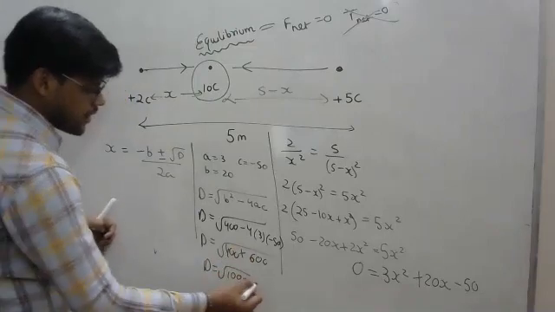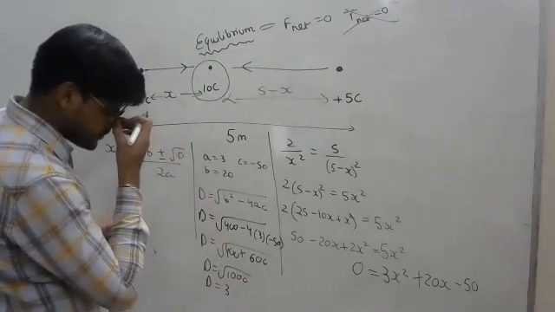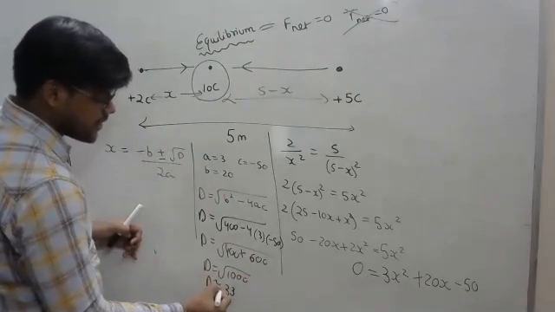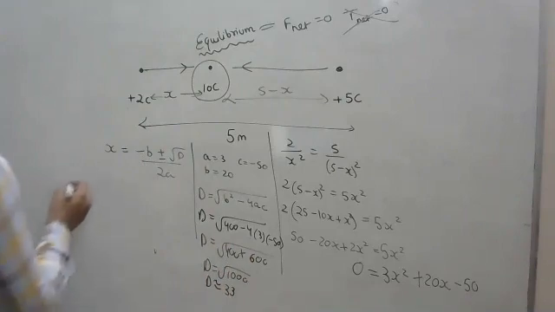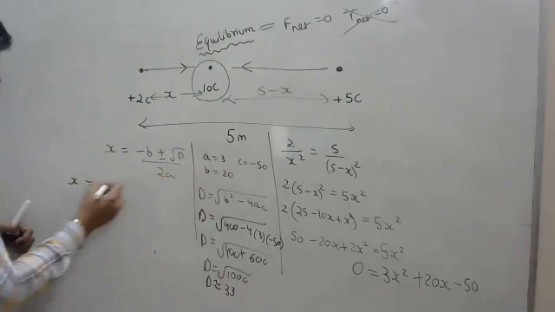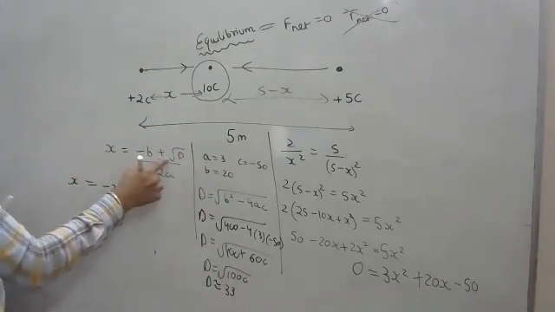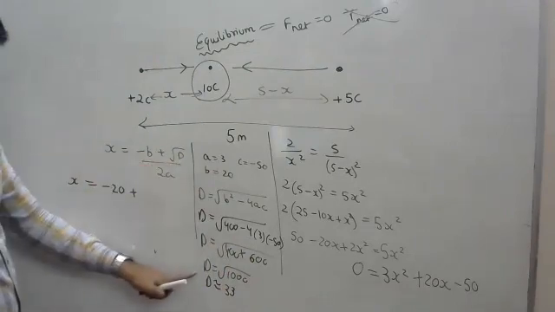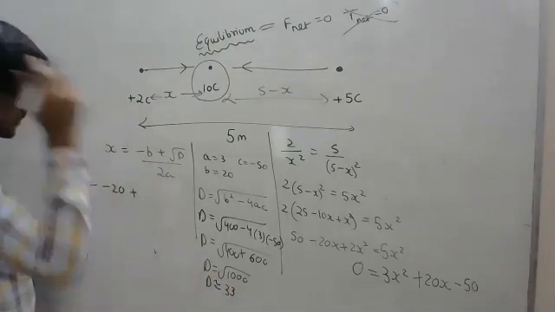Under root 1000 will be approximately 33. It may not be exactly 33; approximation I'm considering. So x equals minus b, value of b is 20, so minus 20 plus or minus under root D. Sorry, I made a mistake.